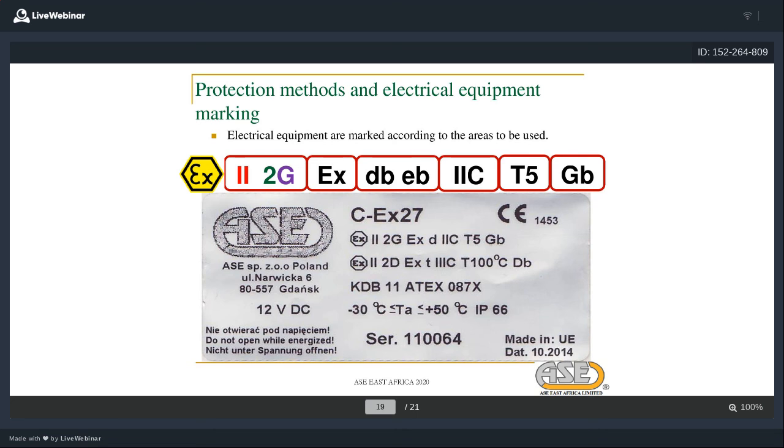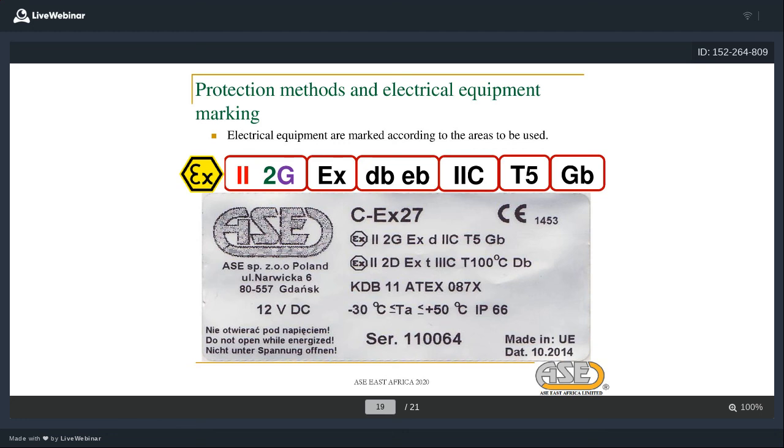And we have G here. G tells us that this equipment can be used in gas, vapor, or mist. Ex means the equipment is explosion protected. We have here db and eb.